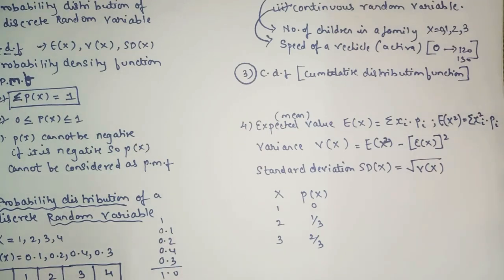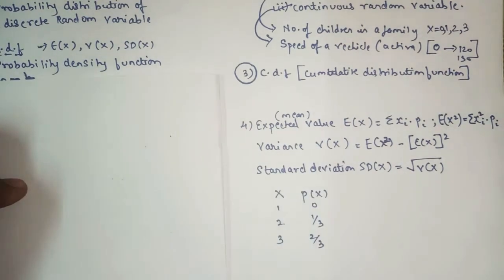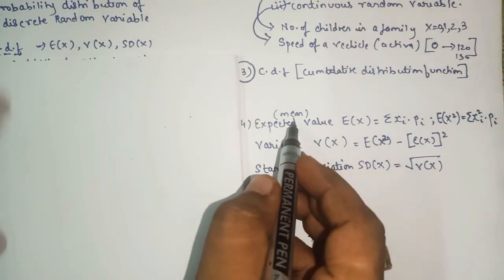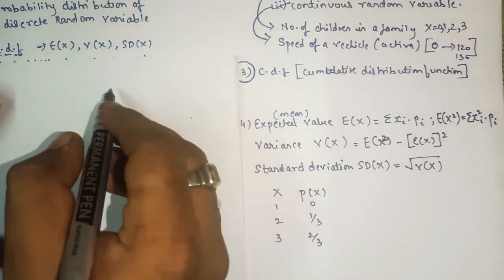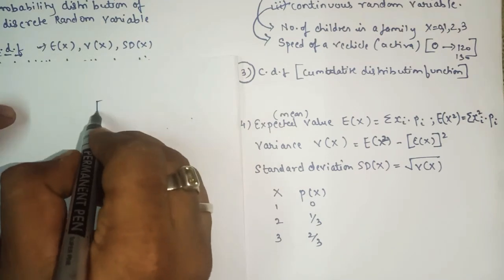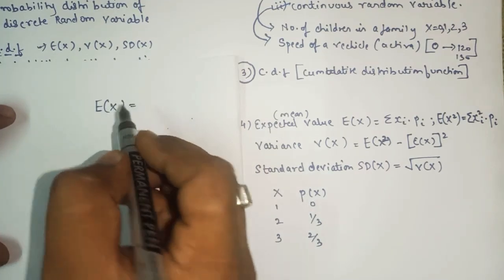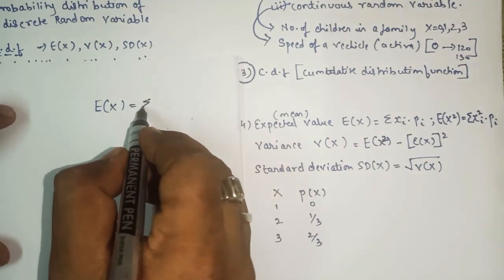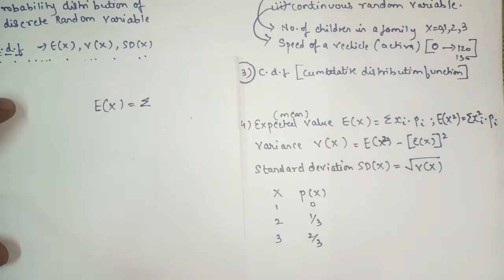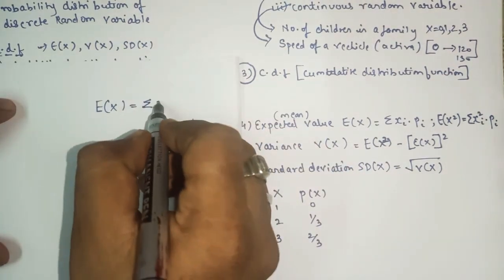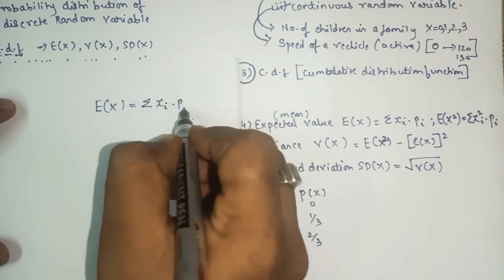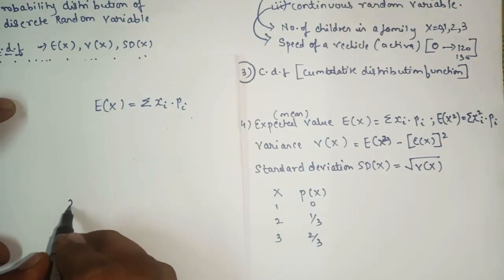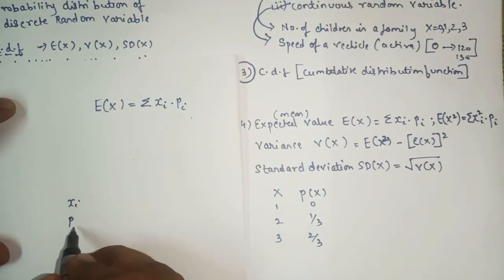Okay, so expected value is also known as mean. The symbol which we use is E of x. The formula is what? Sigma, summation, total, anything you can say, xi into pi. You will have the value of xi and pi.